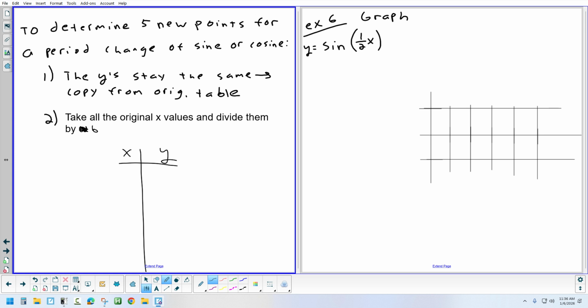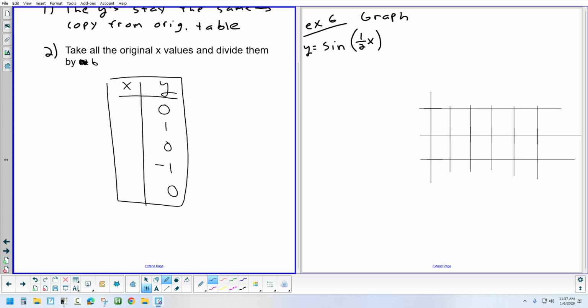What is staying the same? Y. And what are my y values for sine? Make sure you look at sine, don't look at cosine. 0, 1, 0, negative 1, 0. Yep. Okay.